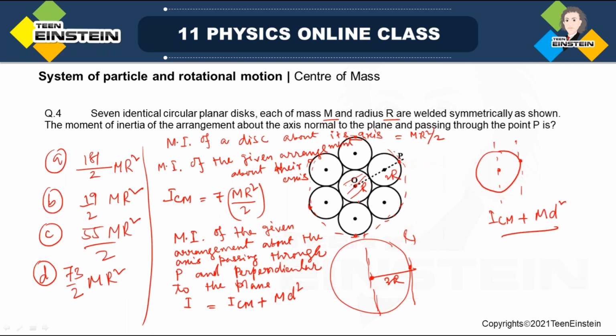Okay, and we actually have such 6 spheres. That's why you have to multiply.